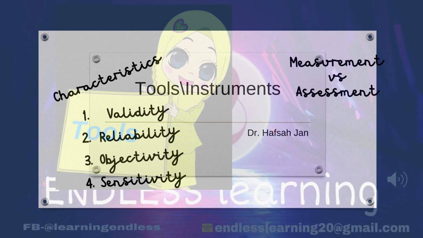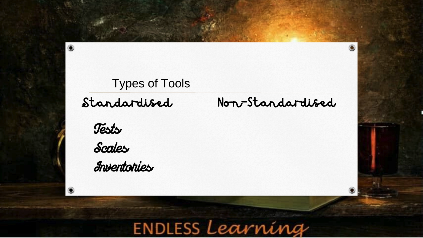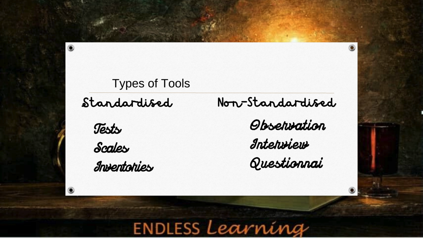So today we will be discussing the types of tools, right? Basically, tools are of two types, the standardized and the non-standardized. The standardized tools include the tests, scales, and inventories. The non-standardized tools include the observation schedules, the interview schedules, and the questionnaires.